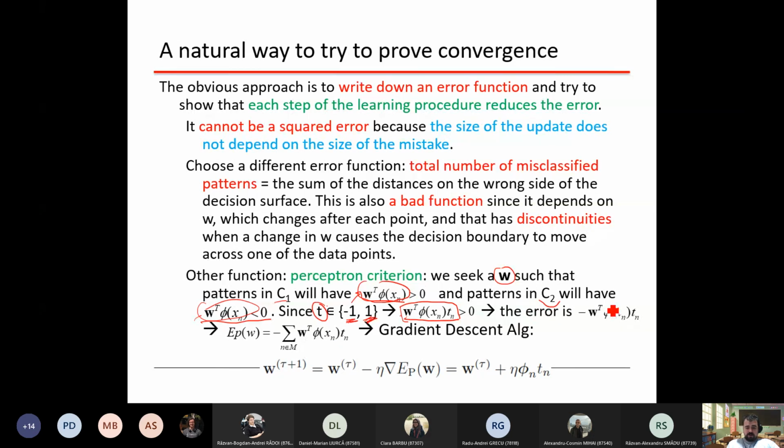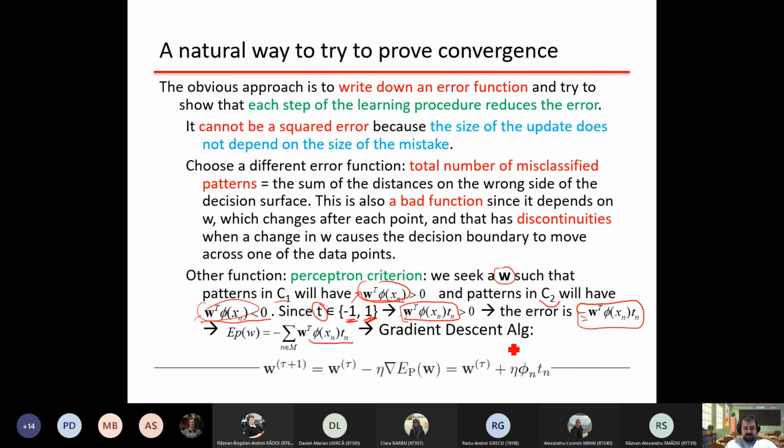So the value is negative, and this is why we consider it with a minus in front: minus W transposed multiplied by phi of xn multiplied by Tn. Therefore the error of the perceptron is minus the summation of W transposed phi of xn Tn, over all the points that are misclassified.